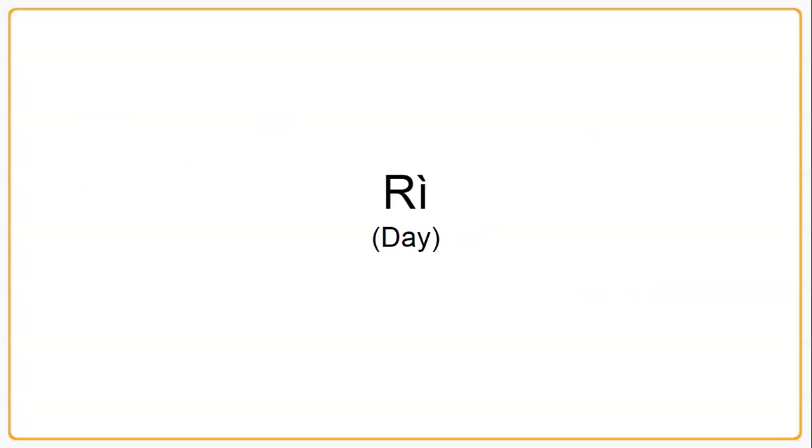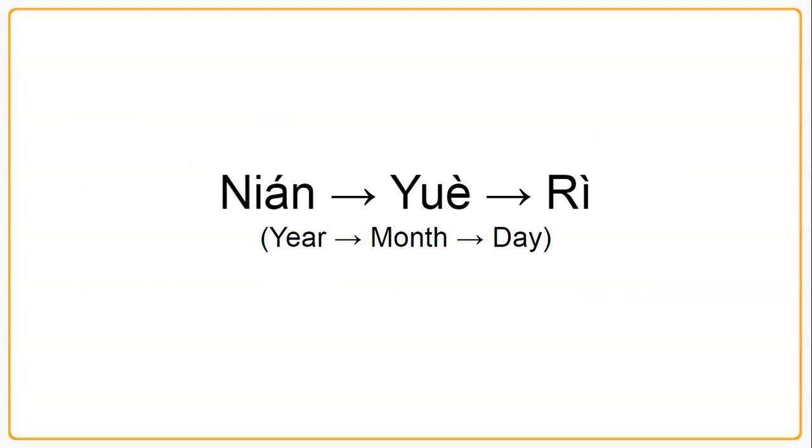And lastly, 日, which means day. So, if we put all of that together, we would use 年, 月, and 日, exactly in that order. 年, 月, 日.